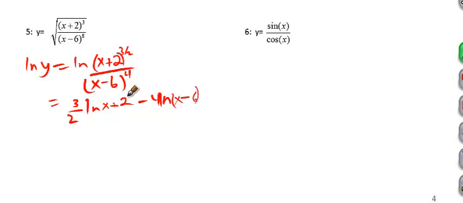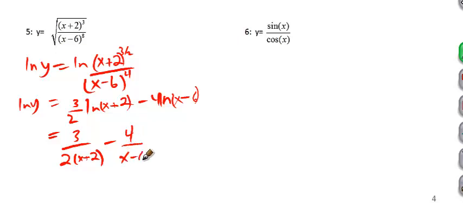And technically I should have parentheses around these. And the other side is still just ln of y. Now the right side looks fantastic. I've taken this crazy quotient rule with a chain rule inside and turned it into, well, just 3 over 2 times x plus 2, minus 4 over x minus 6.